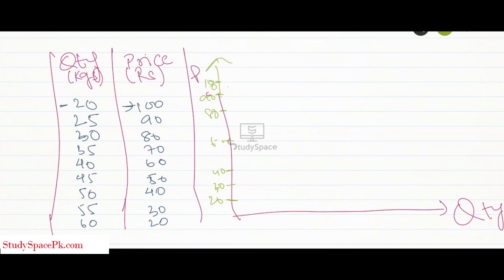Right? So this is the y-axis on which I have my prices, and on the x-axis I will have my quantities, which start from 20, 25, goes on till 60, and my quantity is in kilograms.